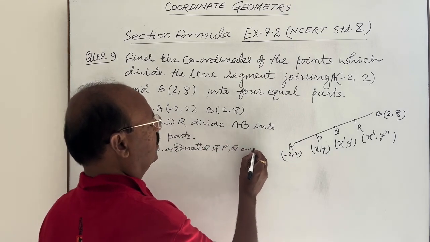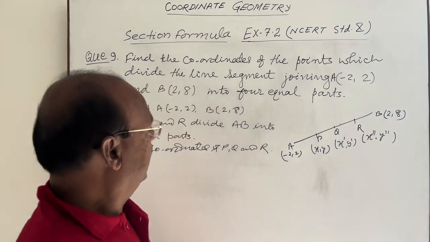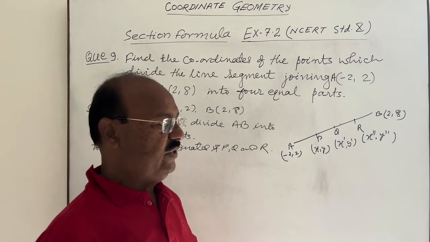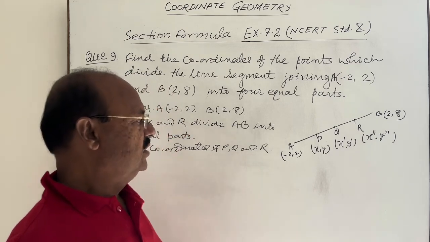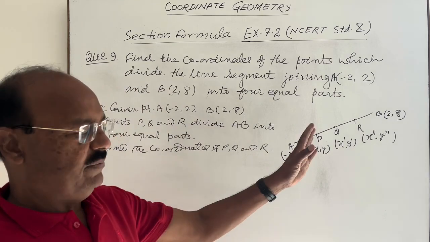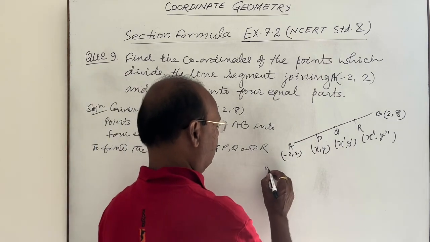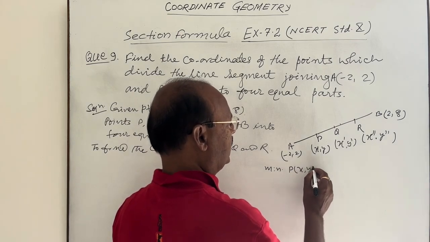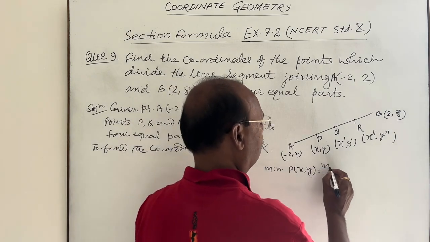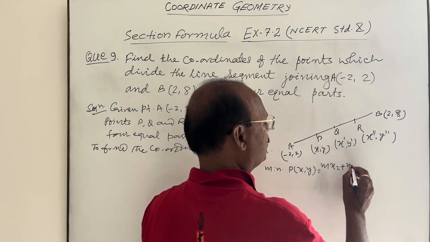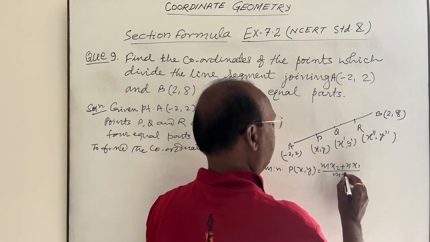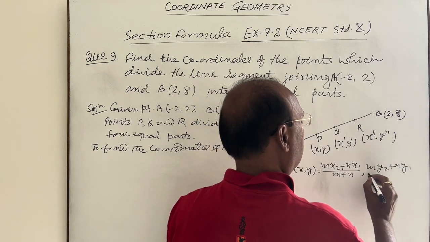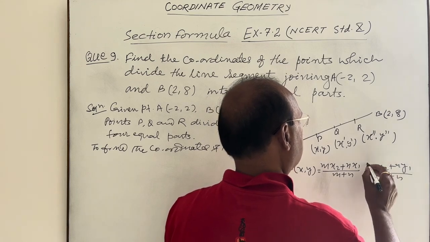P, Q and R. For finding these coordinates, we can use the section formula, which we have discussed in previous videos. If a point P divides AB in the given ratio m is to n, then point P will have coordinates (x, y) equal to (mx2 plus nx1) divided by (m plus n) and (my2 plus ny1) divided by (m plus n).